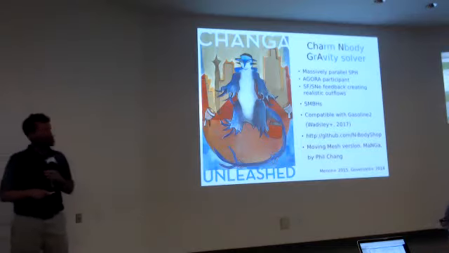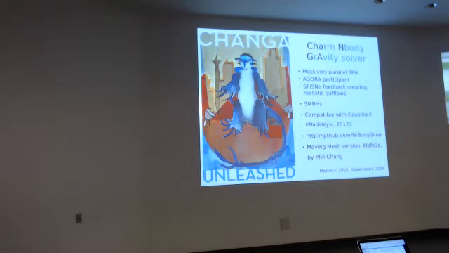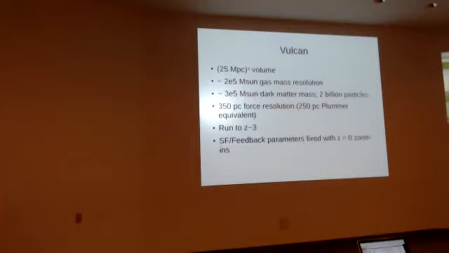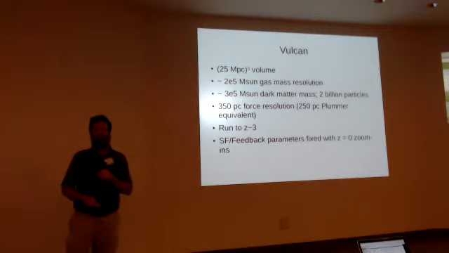So essentially, we're bug for bug compatible with the Gasoline code, with the advantage that we're able to scale out to 500,000 cores because of the improved scalability. The first cosmological volume we ran with this code, we refer to as Vulcan, and really this is a barely cosmological volume.